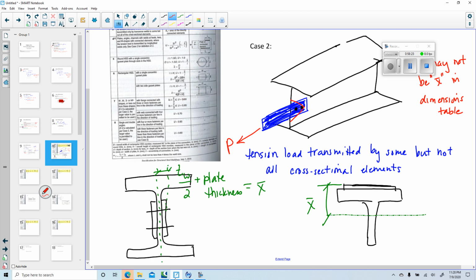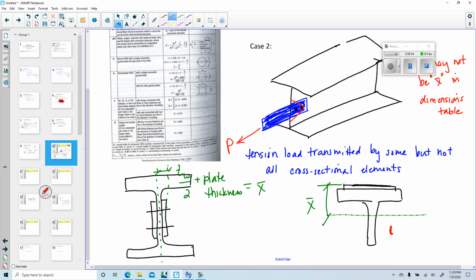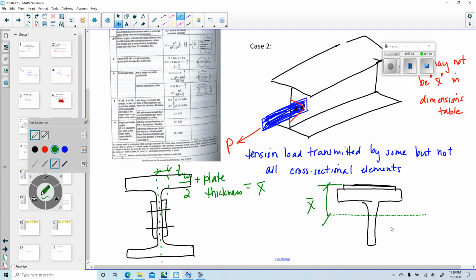Here to here. It's actually Y bar for a WT section. And actually, if you need that for an I-beam, you'll have to find the corresponding WT or the T section and use the Y bar. And so on and so forth.